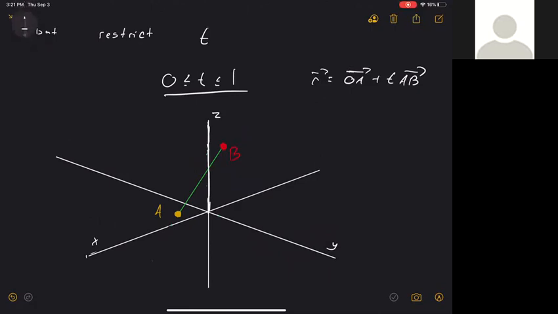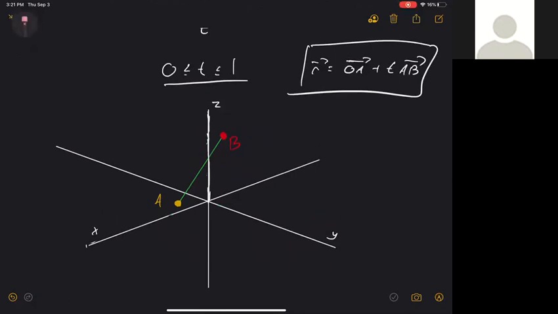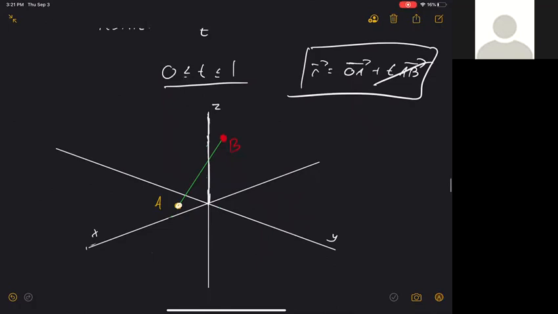What you'll see is, if we're using this equation, it doesn't matter what the points are. When you plug in 0 for t, that term cancels out, and you'll just be at the vector r, which is the origin to a. So you'll be at a.